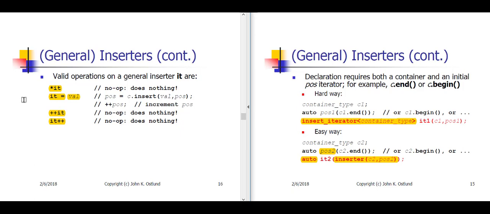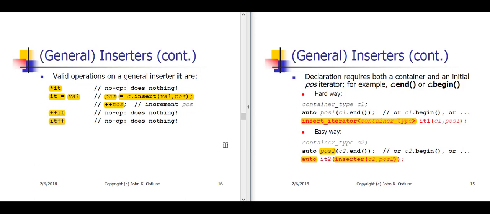But in the case of a general inserter, saying iterator gets value does an insert at the specified position of some value. And then insert returns to me the actual position where the value was inserted, and the assignment also causes an increment of that position to be performed.